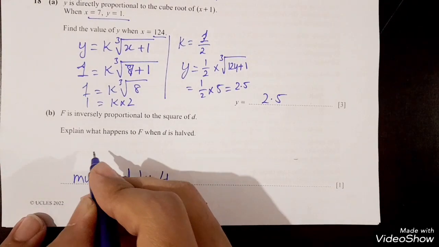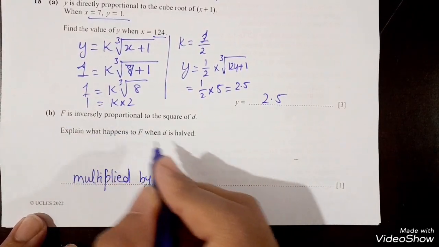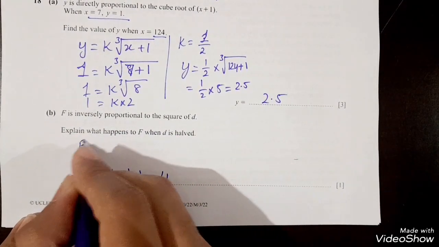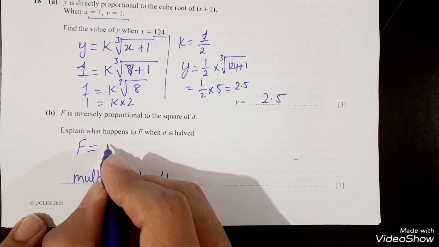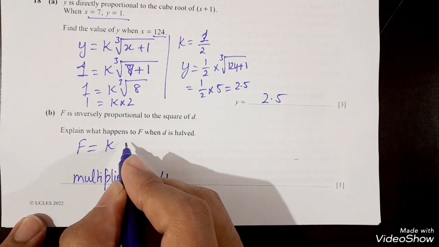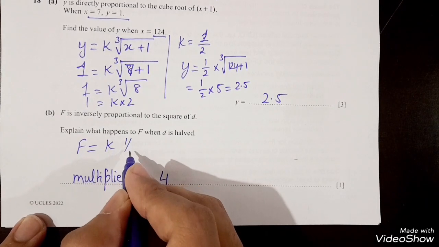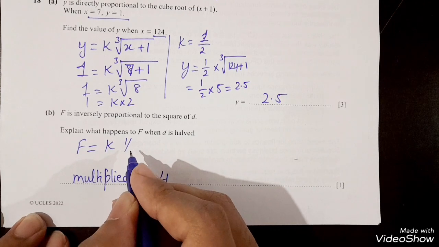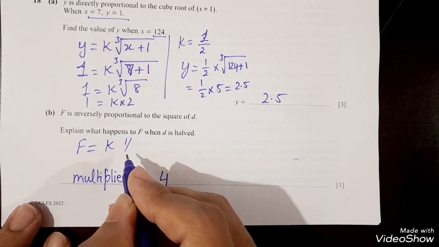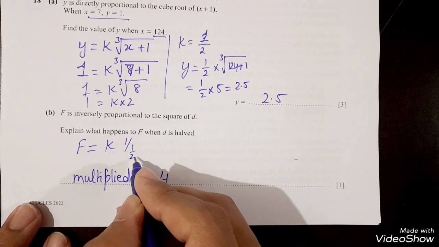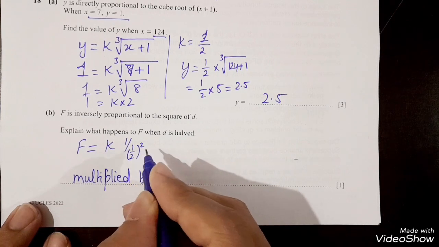Because over here, if we write inverse, I will explain it in more detail. So f is equal to k multiplied by 1 over the square of d, which is 1 over (1 over 2) squared.